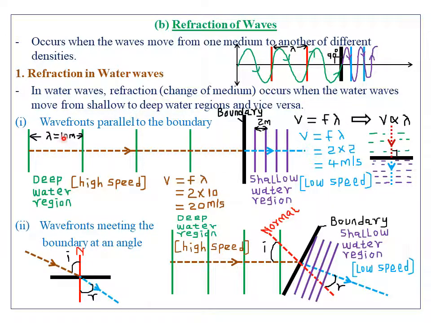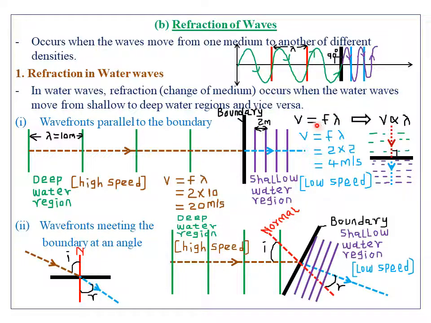And because the distance between any two successive wave fronts is equal to the wavelength, it simply follows that the wavelength of a water wave traveling in deep water regions will always be larger. And remember from waves 1, we did say that the velocity of a wave is equal to the product of its frequency and the wavelength.